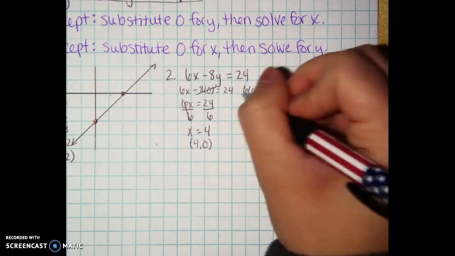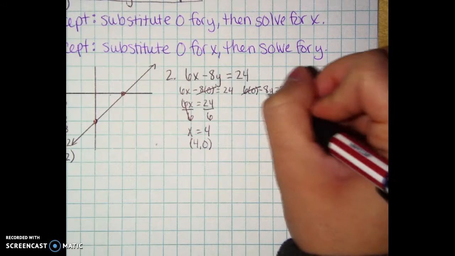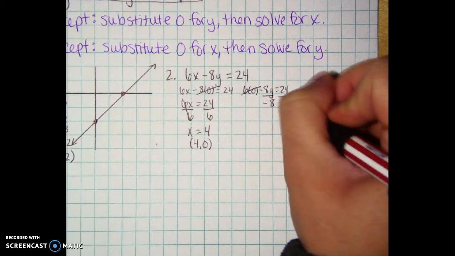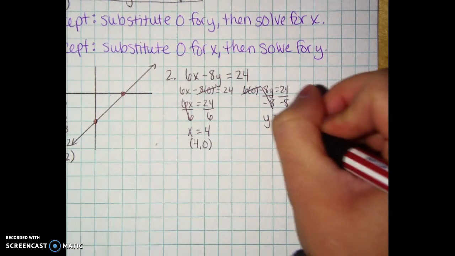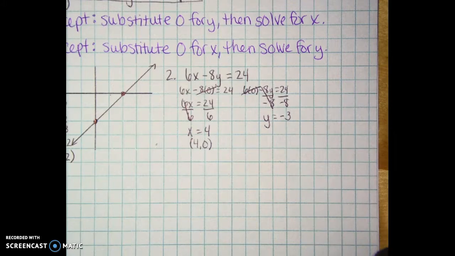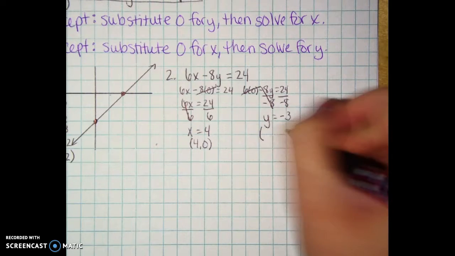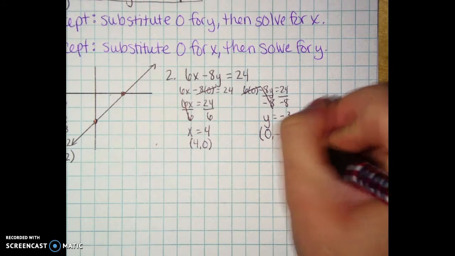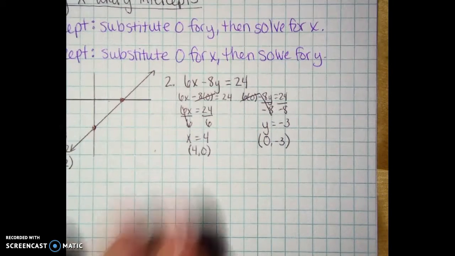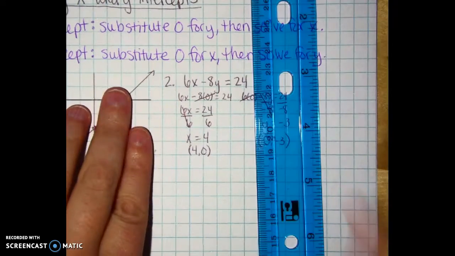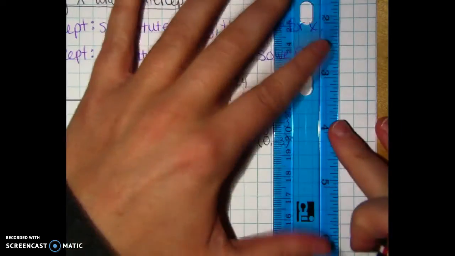Over here, that cancels out. Divide both sides by negative 8. Y equals negative 3. And so this point is 0, negative 3. And I'm going to try and graph it over here.